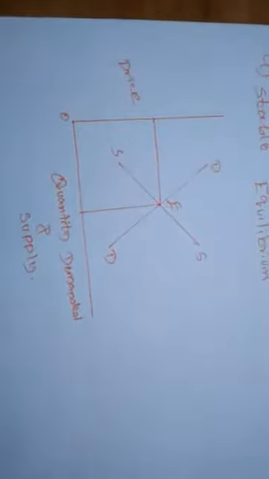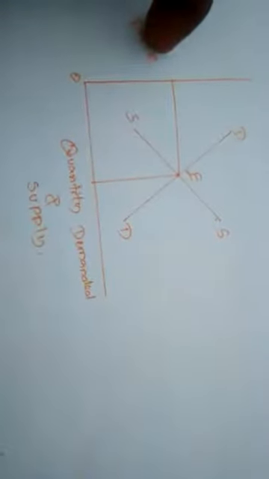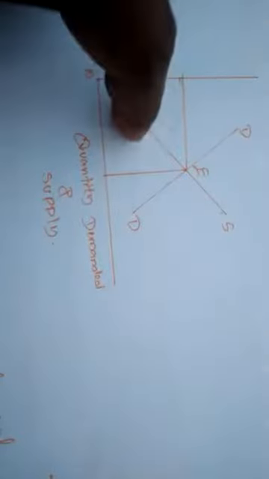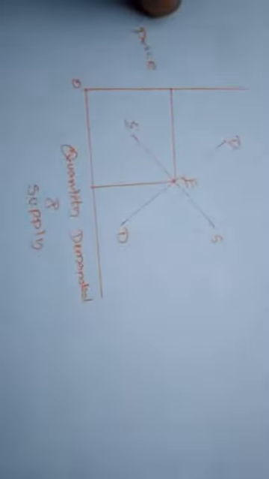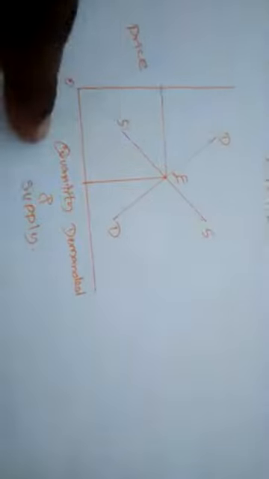For example, just see in this diagram: on the x-axis, quantity demanded is mentioned. On the y-axis, price of the commodity is mentioned. The SS curve is called the supply curve, and the curve DD is considered as the demand curve.